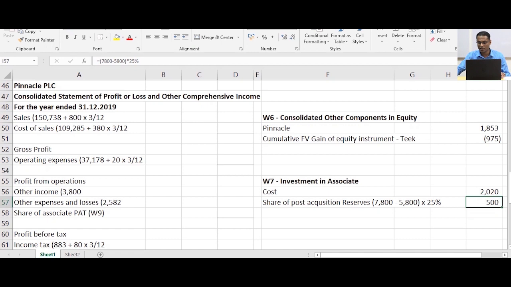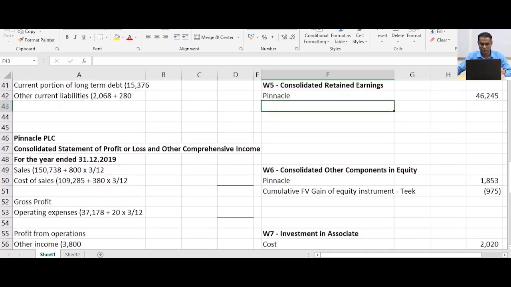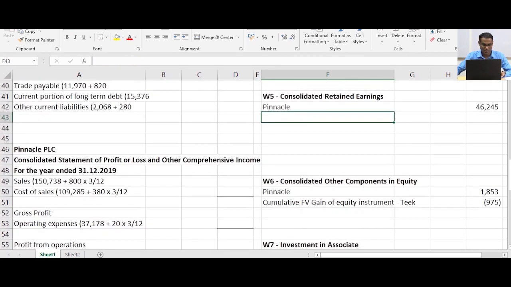Again the double entry: it is debited to the investment in associate and credited to consolidated retained earnings, share of post acquisition reserves of associate.